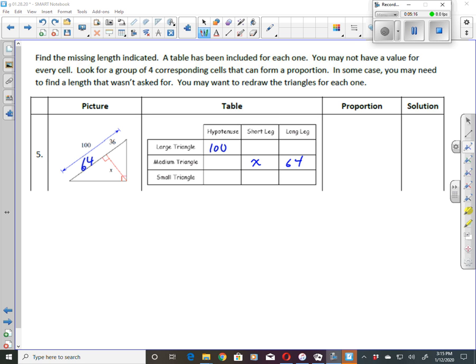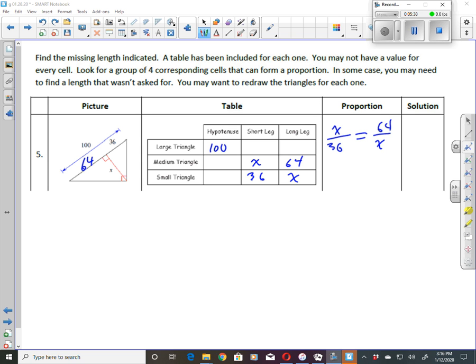For the small triangle, I have the short leg of 36 and long leg of x. Notice the 100 now isn't being used. So my proportion is x over 36 equals 64 over x.